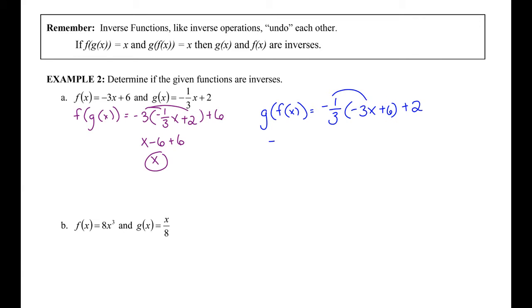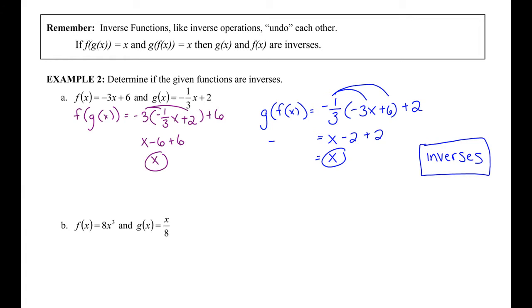I need to distribute the -1/3 to get x minus 2 plus 2, or again, simplifies to x. Because both simplify to x, I can say that these two functions are inverses of each other.